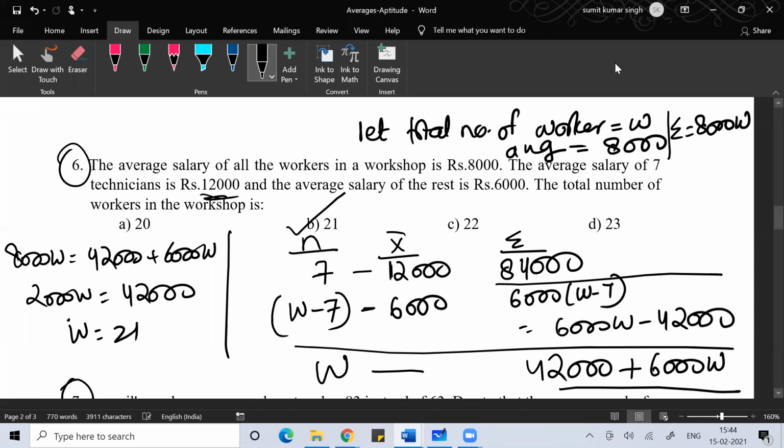So W is equal to 21. Anyone have any doubt?